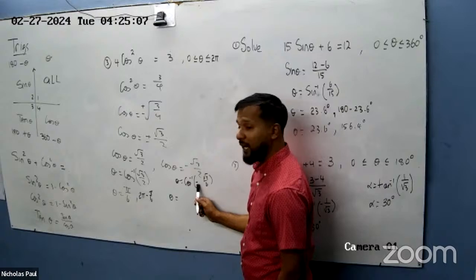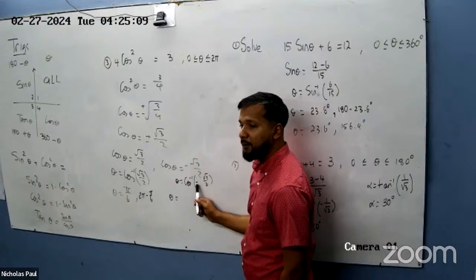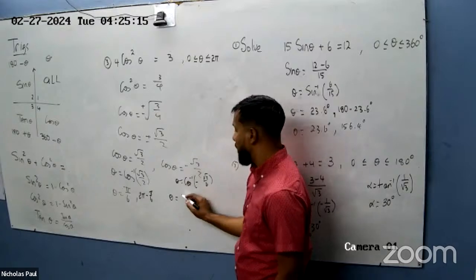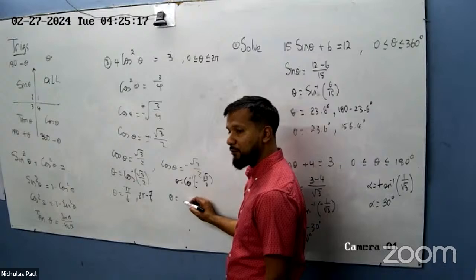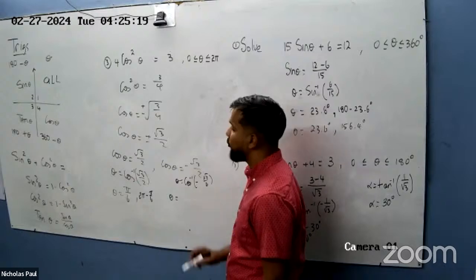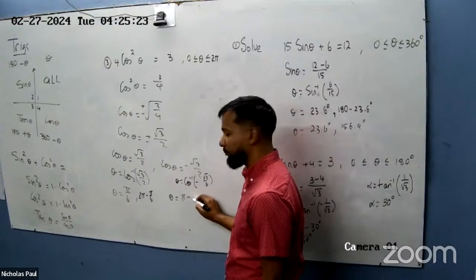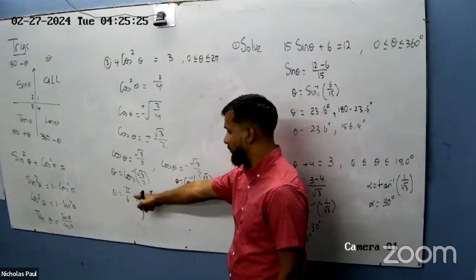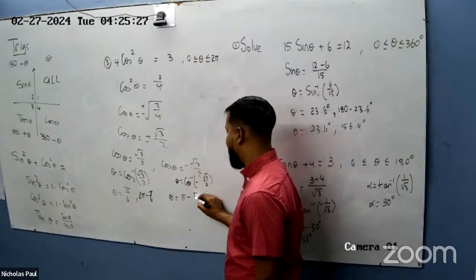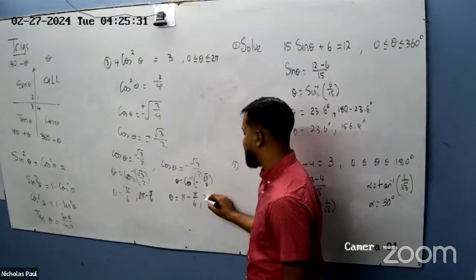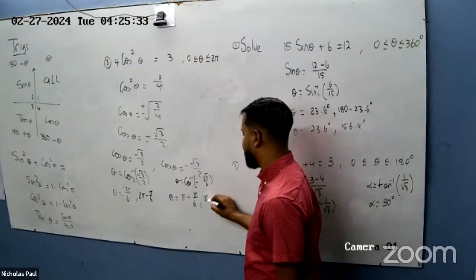Where is cosine negative, Kieran? Two and 3. So how do I write the value in the second quadrant? Wouldn't be 180 because you're working in pi minus that value, right? Pi minus pi on 6. And the third quadrant is pi plus.